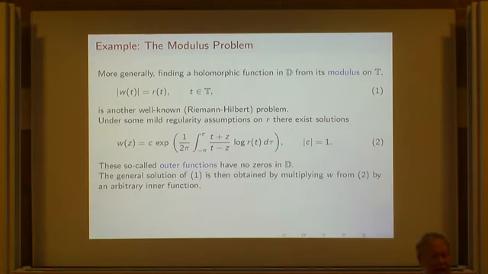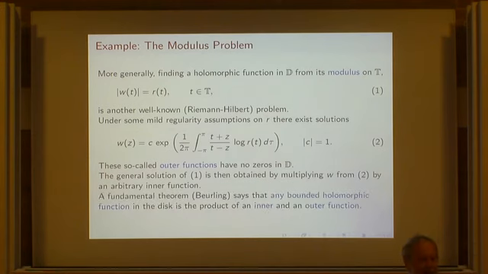So now let's combine the two problems somehow. First of all, the general solution is obtained by multiplying such an outer function by an arbitrary inner function. So we have a very large class of solutions.